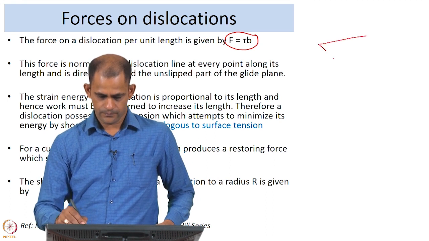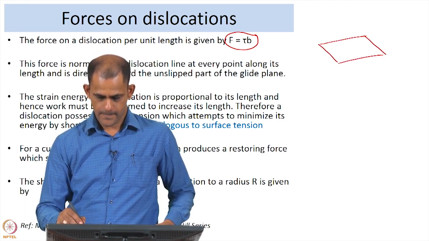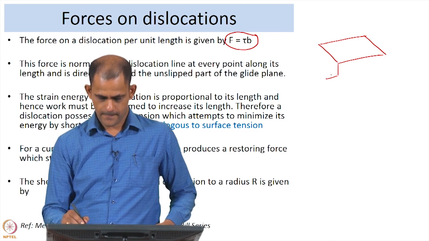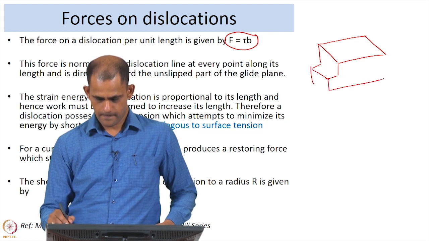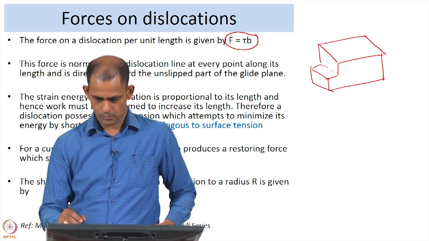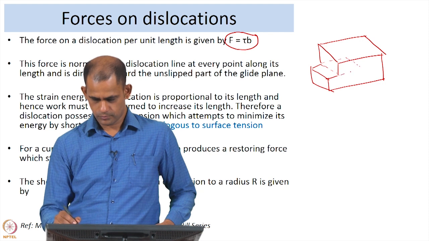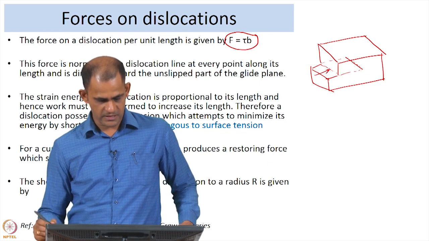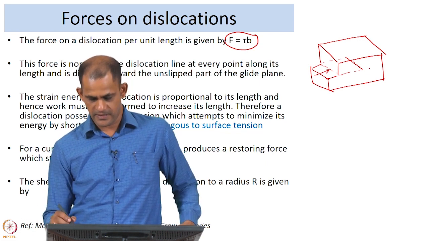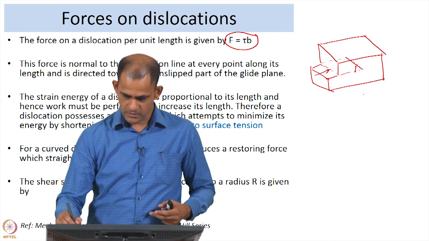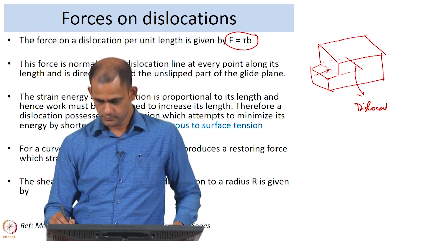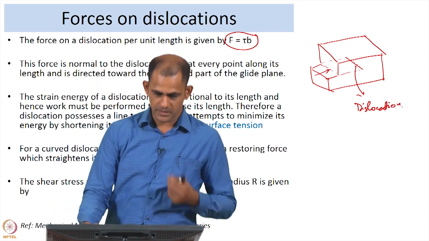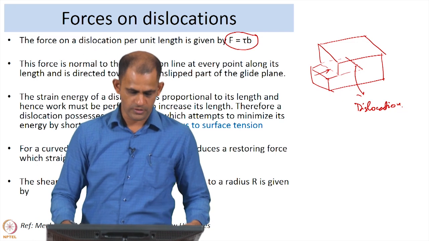So, if this is your dislocation line, the force acting on the dislocation is directed towards the unslipped part of the glide plane. So, the force on a dislocation per unit length is given by the relation F is equal to tau b.